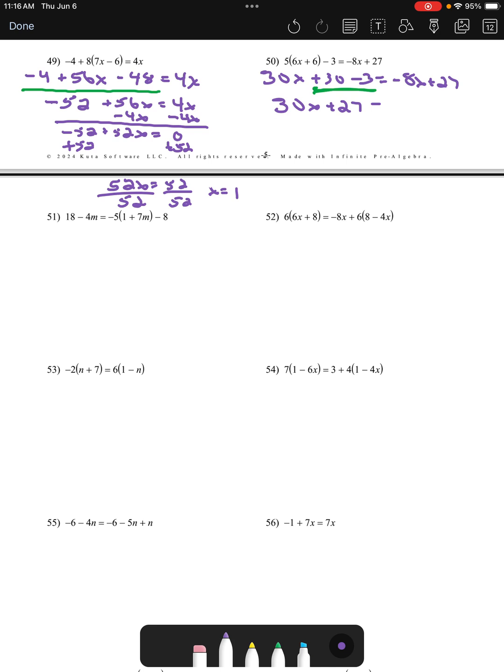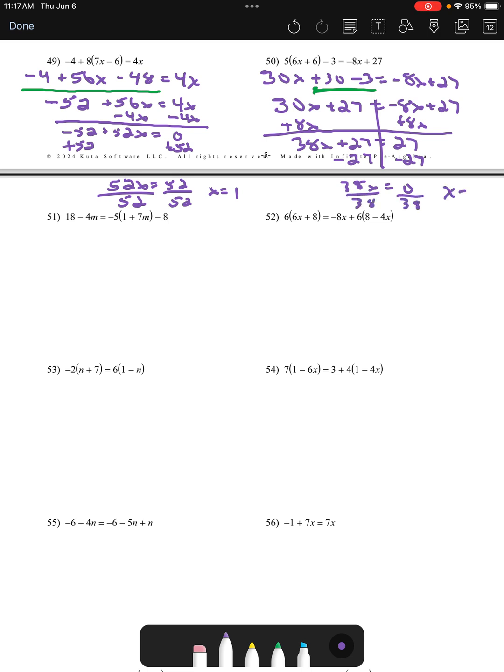Notice our like terms here, so we can combine. 30x plus 27 equals -8x plus 27. -8x is the smaller x, so we'll bring it over with addition and have 38x plus 27 equals 27. We're going to subtract 27 from each side to get 38x equals 0. And then divide both sides by 38 to get x equals 0.